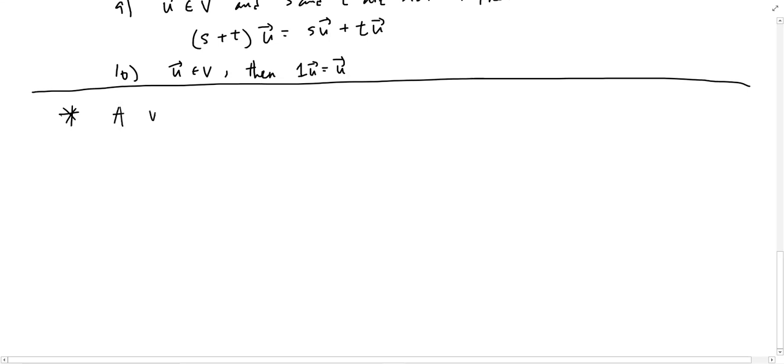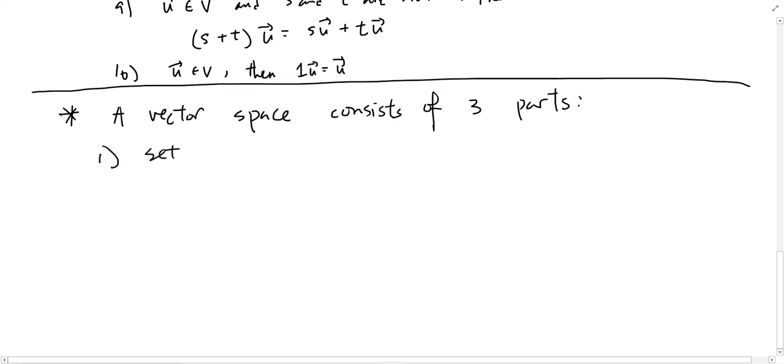Note, a vector space consists of the following three parts. Number one, a set of objects. This set of objects can be anything, as long as we can define the next two things.